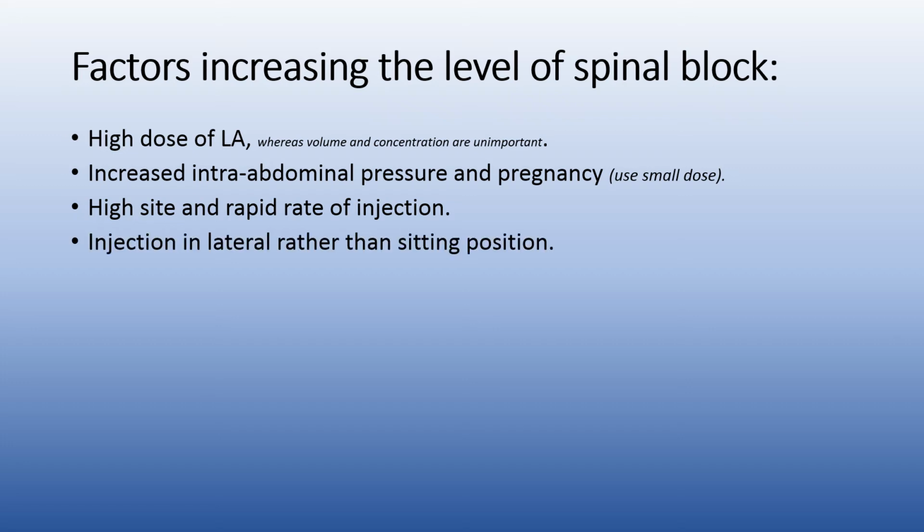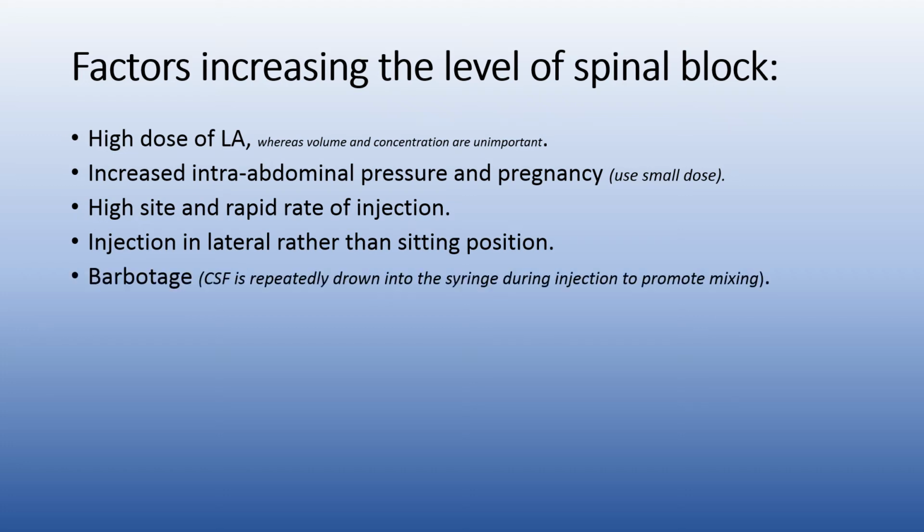Injection in the lateral rather than sitting position. Barbotage, which is when the CSF is rapidly drawn into the syringe during injection and reinjected again, i.e. mixing the local anesthetic with the CSF.